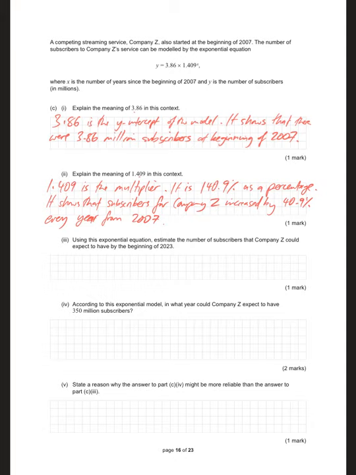Using the exponential equation, estimate the number of subscribers expected at the beginning of 2023. So remember, x is the number of years since 2007, so you can't just put 2023 in there. 2023 minus 2007.